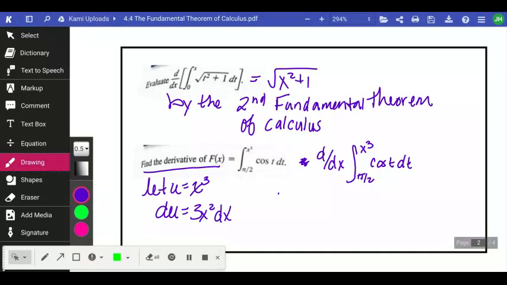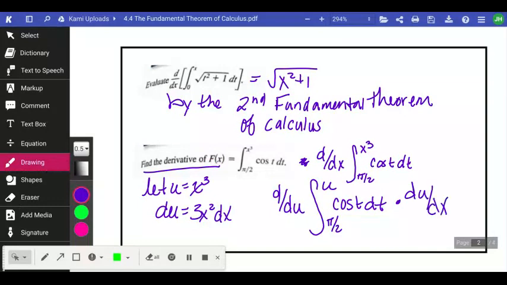I am now going to be taking the derivative with respect to u of the integral from pi over 2 to u of cosine t dt, and I'm going to then multiply it by, this is a manipulative thing, and I'll explain it in a second, du over dx, which is actually the derivative, not the differential.